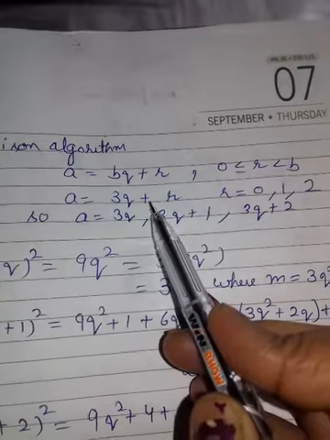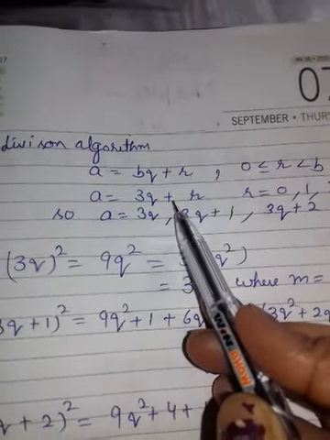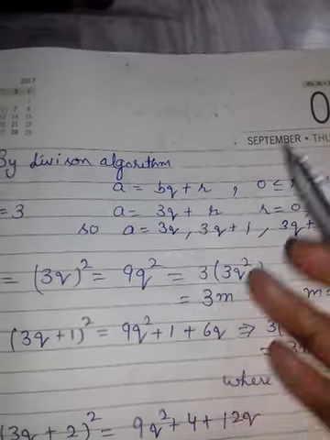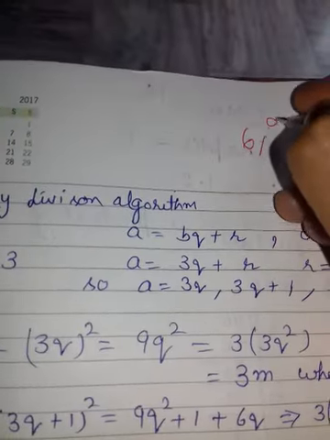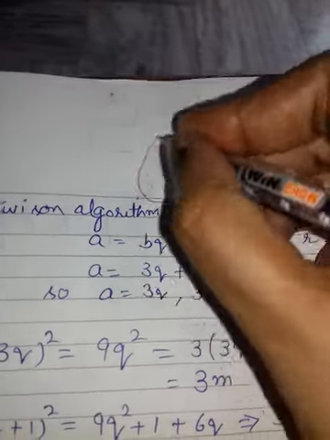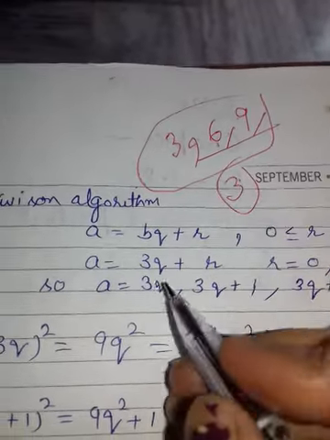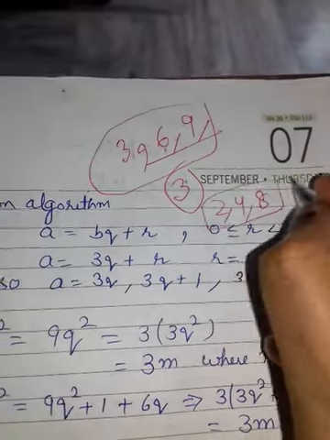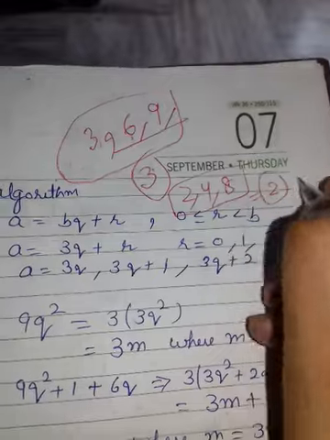Sometimes 6 and 9 can be there, so you will take the number of which they are multiples, which is easy. If multiples like 6, 9 are there, you will take b as 3. If 2, 4, 8 are there, then you will take 2 as b.